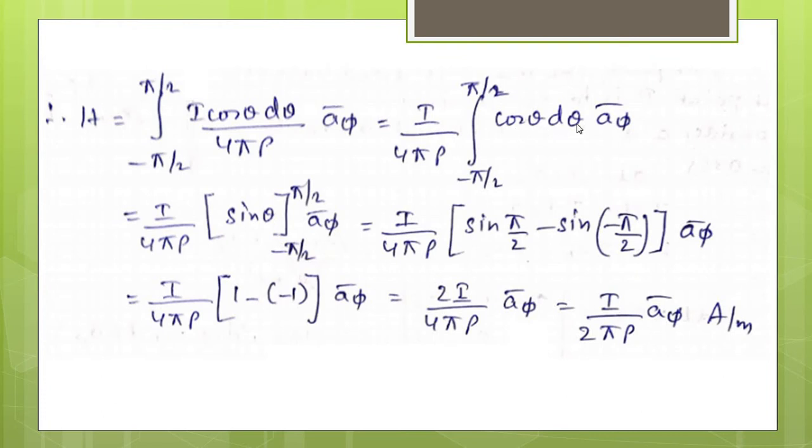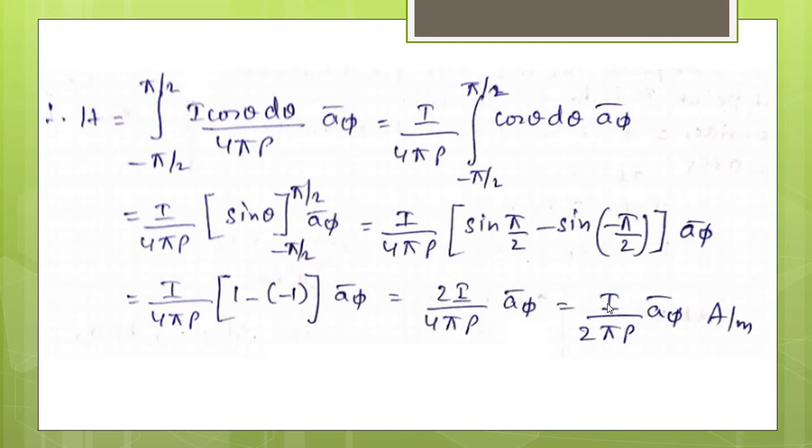So integrate this cos theta, we get sin theta. Now apply the limits as minus pi by 2 to plus pi by 2. So we get I by 4 pi rho, sin pi by 2 minus sin of minus pi by 2, into a phi. So sin pi by 2 is 1, minus of minus 1, into a phi. So this is 2I by 4 pi rho into a phi.